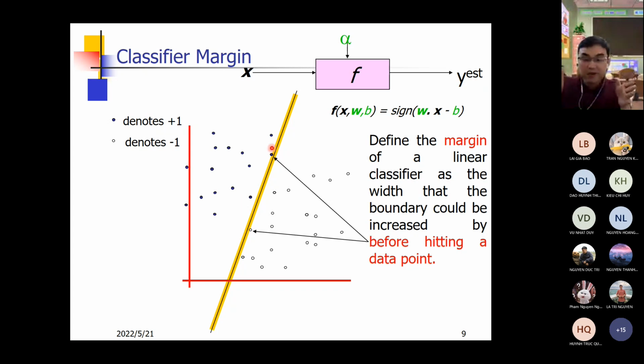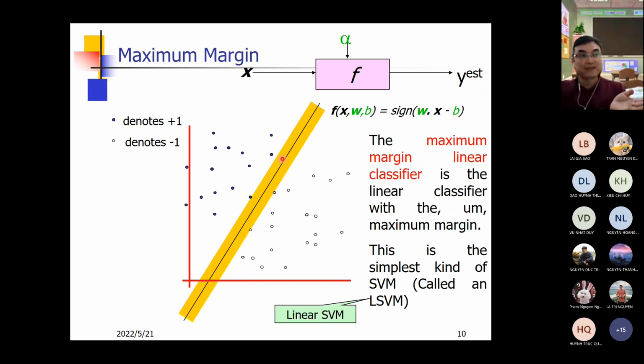And with this kind of margin width, we can tell that we have a hyperplane that is good enough to classify our two classes, right? So the aim is to maximize this width from the hyperplane that we have learned, or created, using this formula, right?